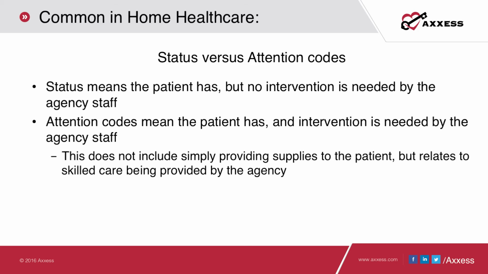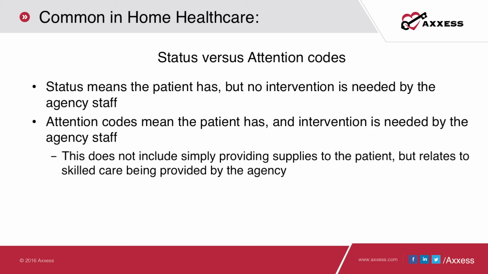Another thing that's pretty common in home health care is the use of status and attention codes. Status means the patient has, but no intervention is needed by the agency staff. We sometimes get a little confused about which of these we should use, and an example is if the patient has a colostomy or a tracheostomy.